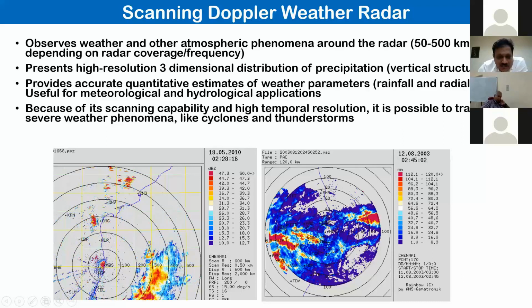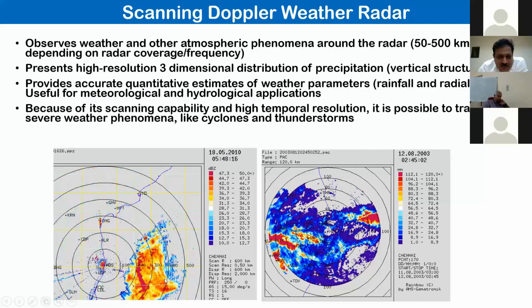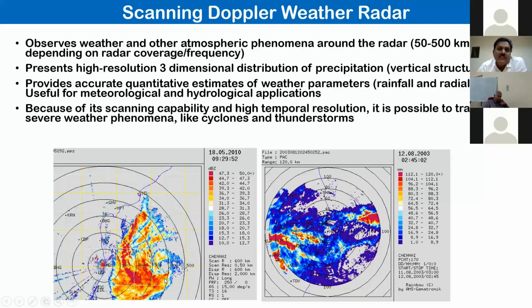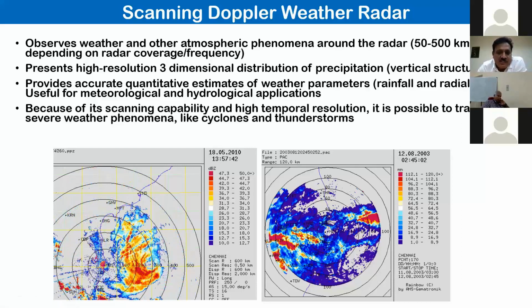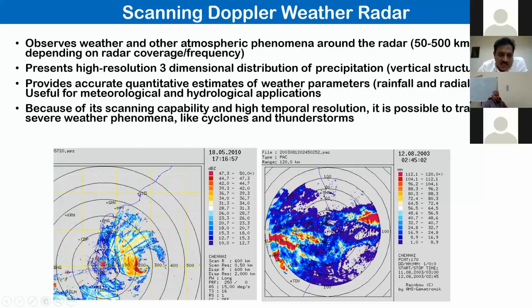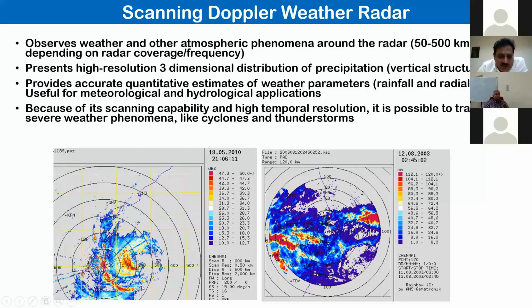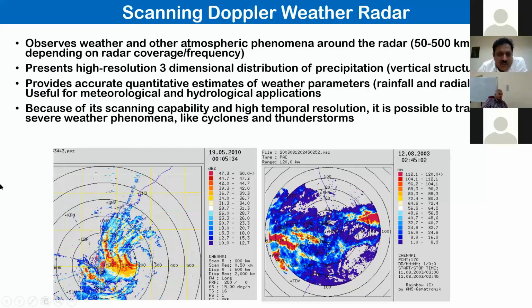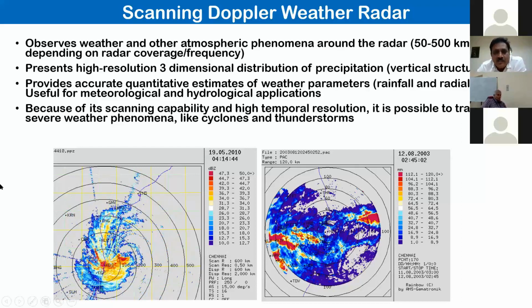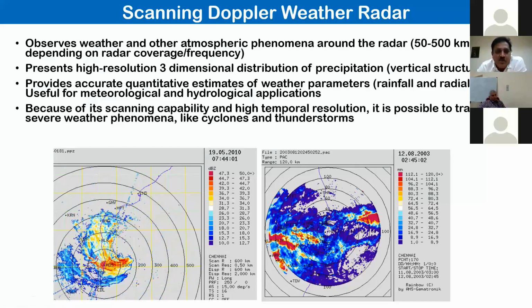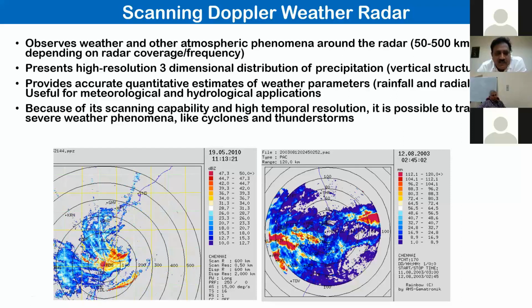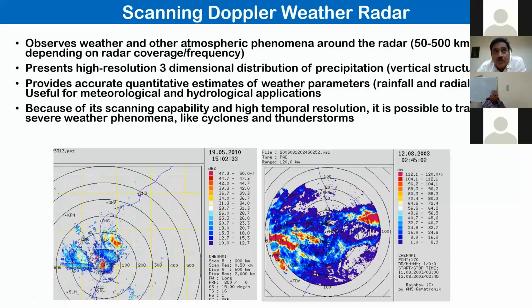We can see small-scale structures within the cyclone and the movement of the cyclone. So you can track the cyclone and in which direction it is moving. So we can provide an improved nowcasting, with a better lead time for rescue operators to take the necessary measures.